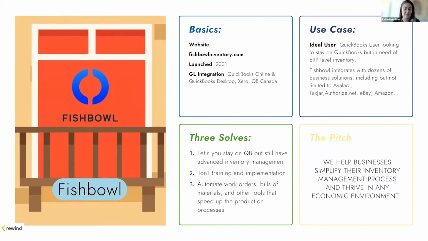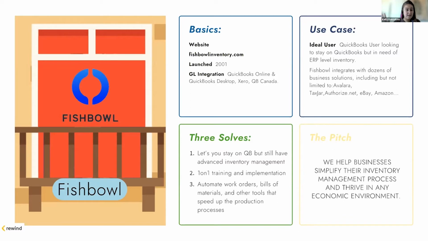Everyone looks for something different when it comes to apps and solutions, but a lot of times we find that apps can be somewhat lacking in support. They are known for having great support. So one-on-one implementation and training, like I said, they do the same as we mentioned, having that advanced inventory option, but still being able to stay in the accounting solution that you want.